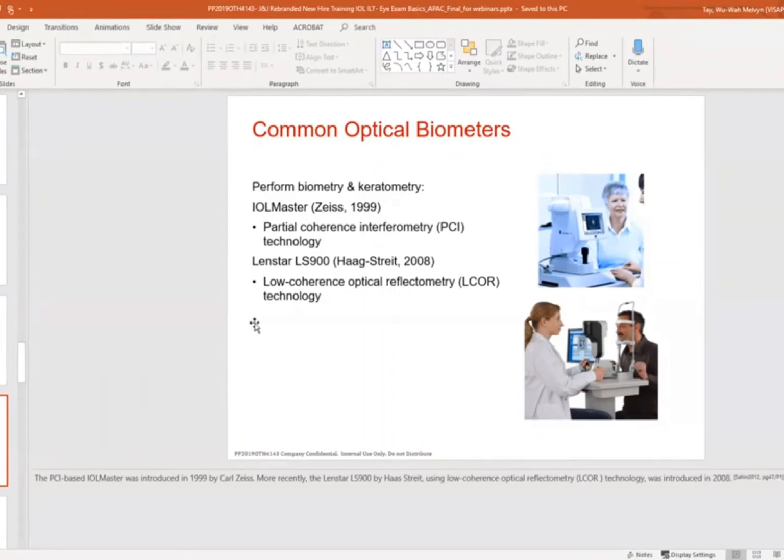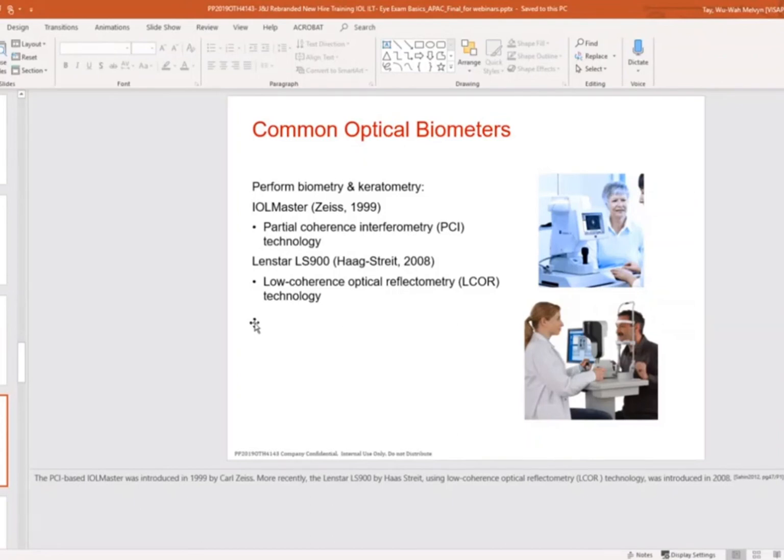Orbscan, yeah. Okay. I think it provides some kind of aberrometry readings of the eye, and the Orbscan is a Bausch and Lomb aberrometer which they use for their laser treatment.